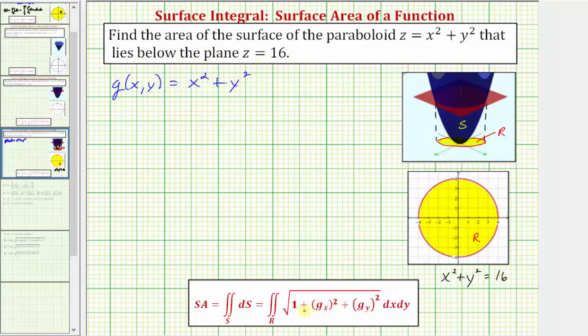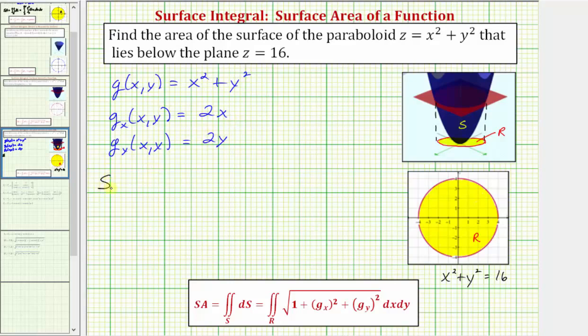Now let's go ahead and find our partial derivatives. So the partial derivative of g with respect to x is equal to the derivative of x squared plus y squared with respect to x, which would be 2x. And the partial derivative of g with respect to y would be the derivative of x squared plus y squared with respect to y, which would be 2y.